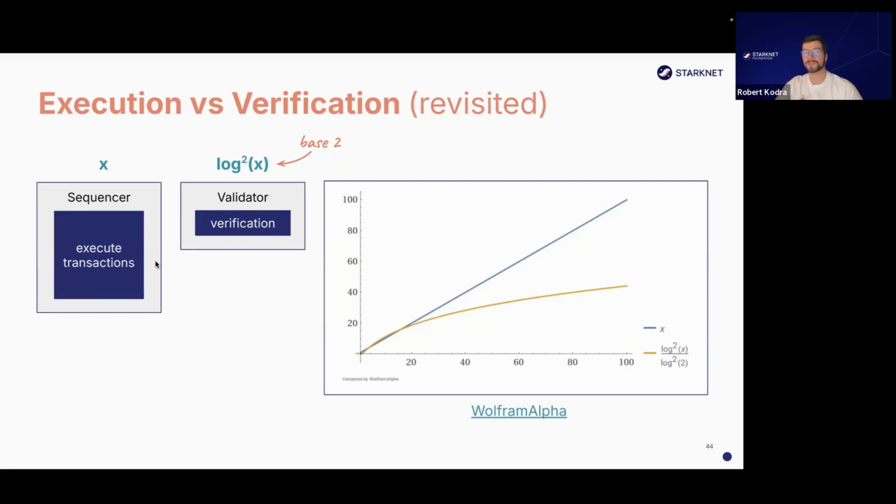Then we have the validator, which is on layer 1, and this is the amount of work they have to put in to do the verification. This amount of work is basically log square of X, which is polylogarithmic time. We can also plot this on a chart: the blue line is the sequencer's amount of work, and the orange line is the amount of work done by the validator.